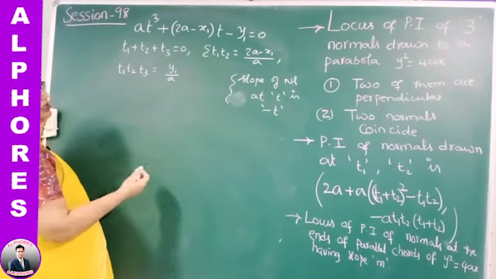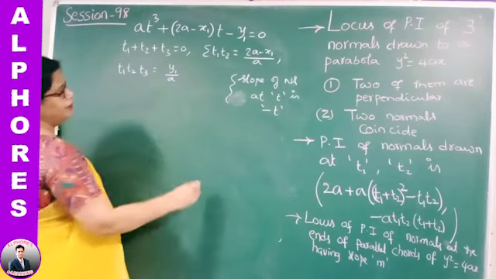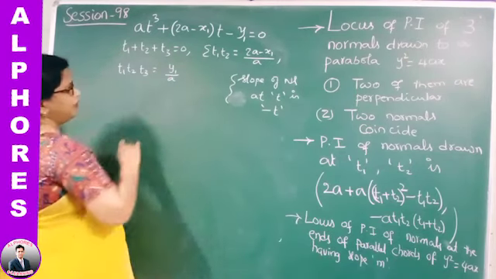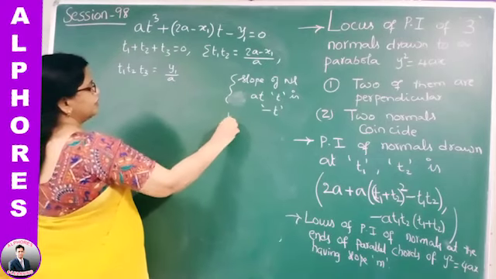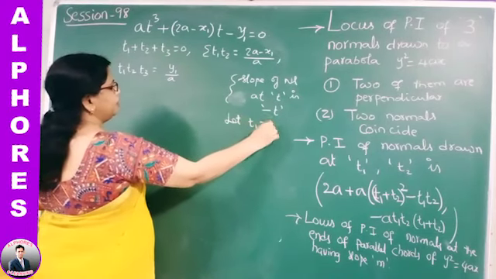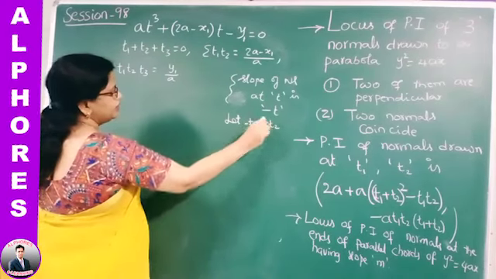Now here we observed they are coinciding, which implies both slopes are one and the same. So any two you can consider, T1, T2 or T2, T3, any combination. Suppose we are taking T1 is equal to T2, or you can say minus T1 is minus T2.